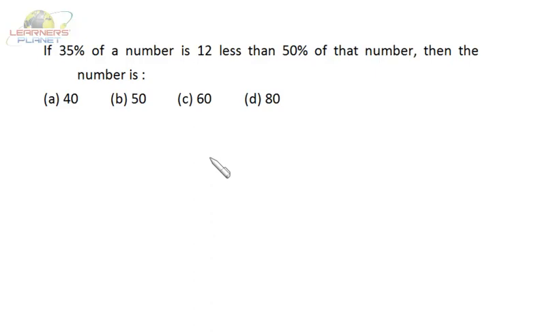Further, a simple problem. If 35% of a number is 12 less than 50% of that number, that means 50% of x minus 35% of x is 12. That means precisely 50 minus 35, that is 15% of x is 12. That means x is equal to what?